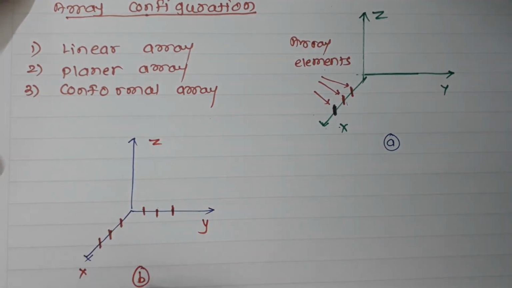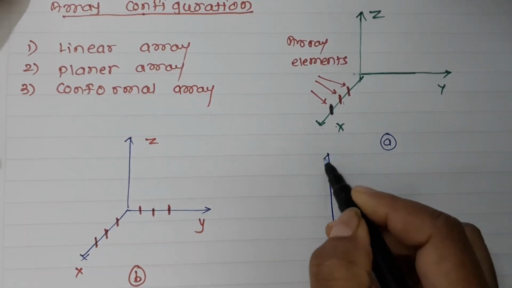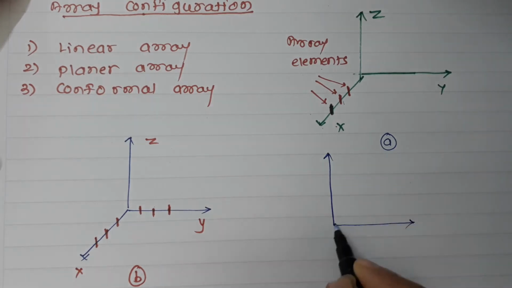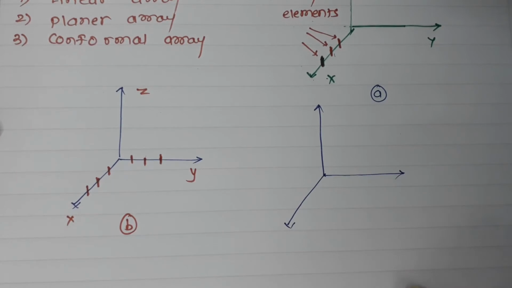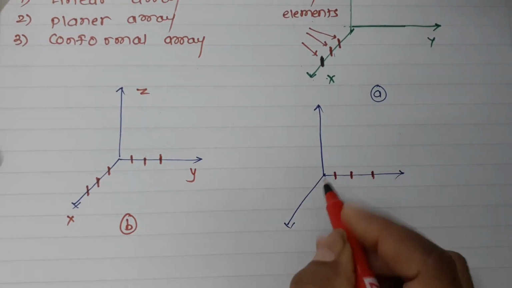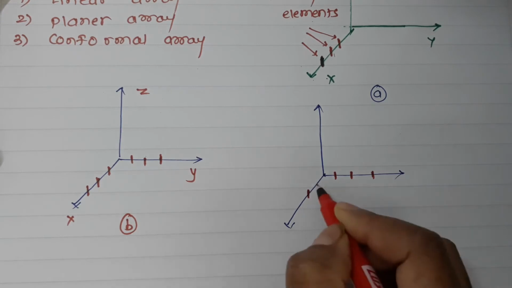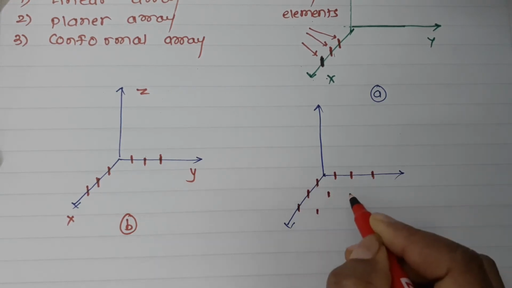Let us say this is figure number B, and the third figure again shows the z axis, y axis, and x axis, where we are putting antenna elements 1, 2, 3 here, then again here.